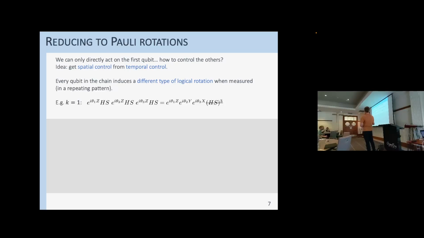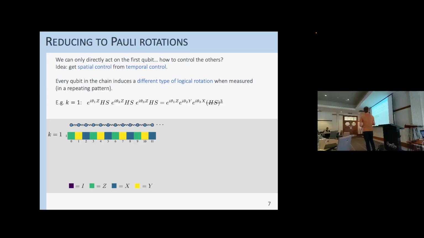Similar to the second slide, I can pull all these Clifford gates to the end, and HS cubed is the identity. And that conjugates these gates. So this sequence of gates is equivalent to doing a Z rotation, then a Y rotation, and then an X rotation. And these are, of course, universal for one qubit. So that's what I've drawn here.